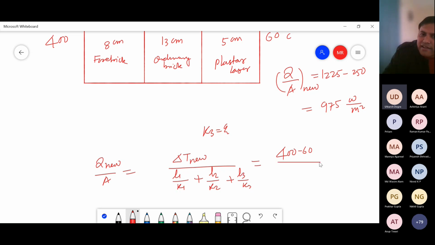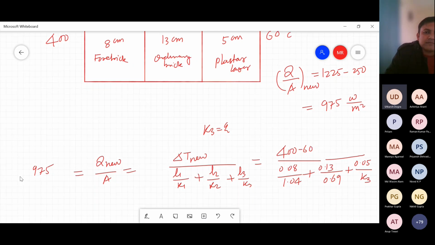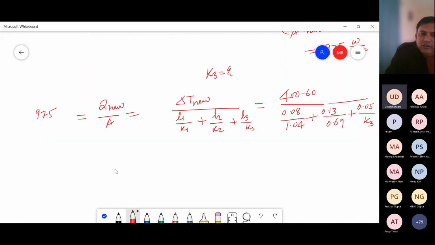Divided by L1 is 0.08 divided by 1.04 plus L2 is 0.13 divided by 0.69 and L3 is 5 centimeters, so that is 0.05 divided by K3. And this Q new by A is 975. So in this equation the only unknown is K3. Calculate the value of K3.